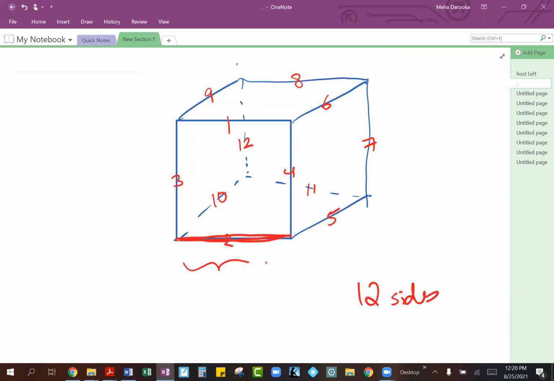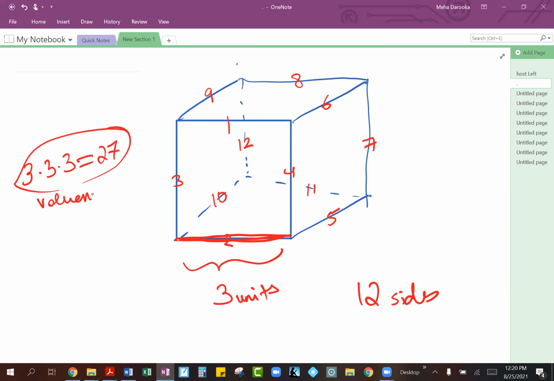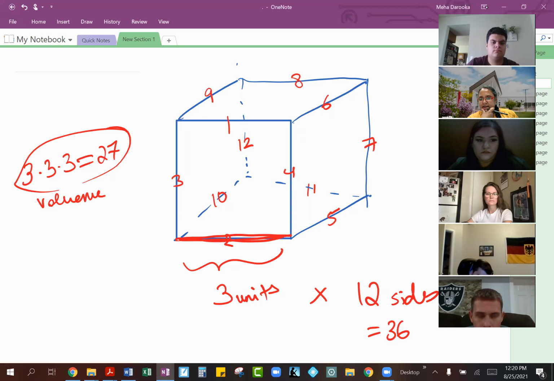And remember, each one of those was 3 units, because that's where we had 3 times 3 times 3, which gave us the 27 as the volume. So that's why we were doing 12 times 3 to get a total length of 36.